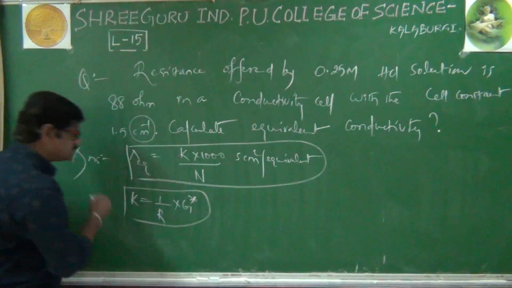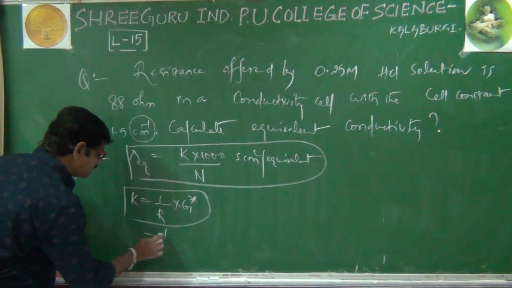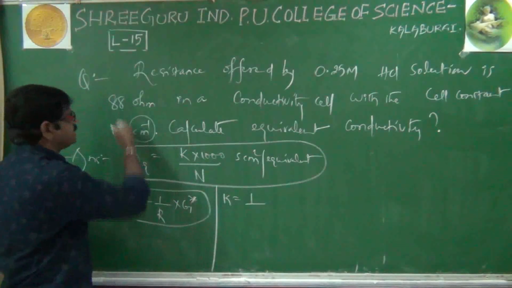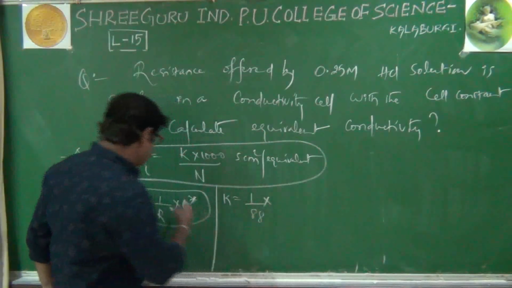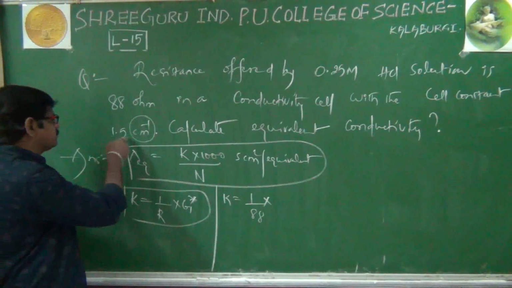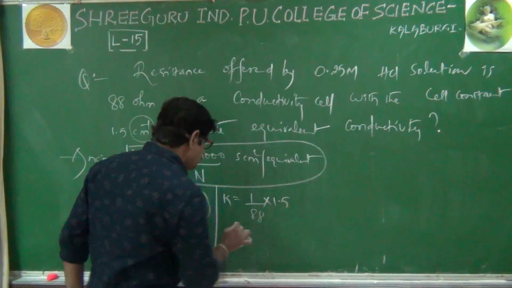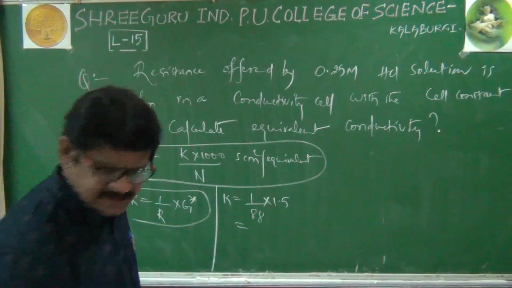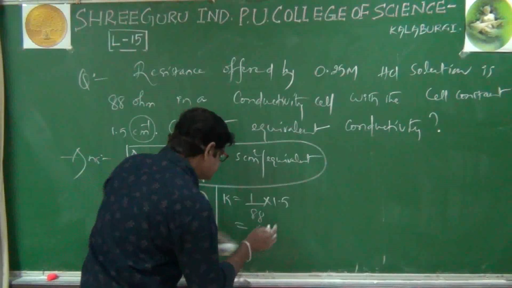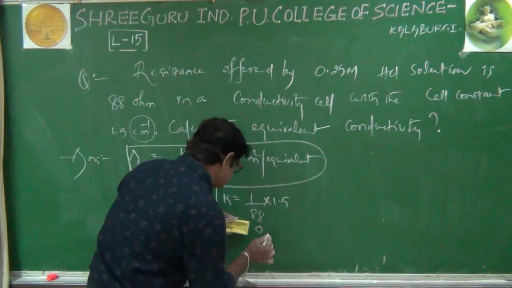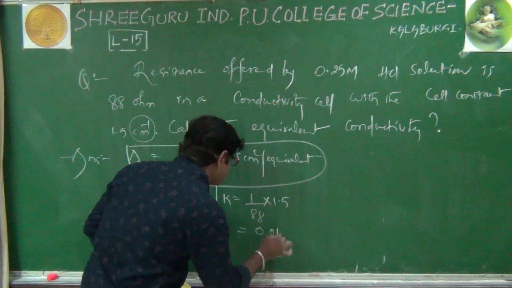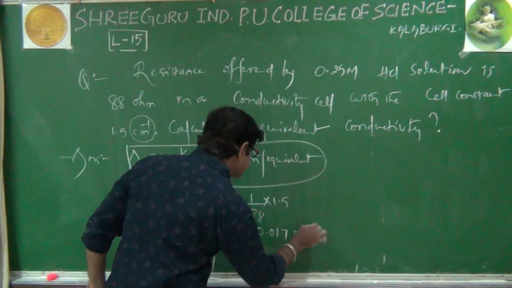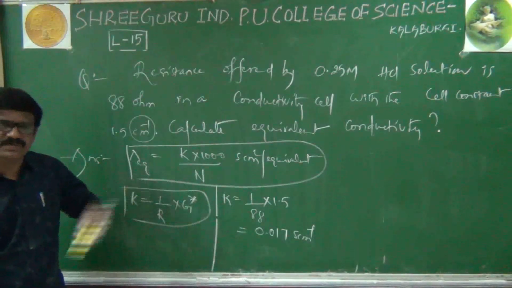Therefore we substitute: K is equal to 1 by 88, R value, into L by A, nothing but G star, already given in the question, 1.5 directly. If you simplify, you will get the K value 0.017, and the units of K are Siemens per centimeter, because we are using the CGS system.